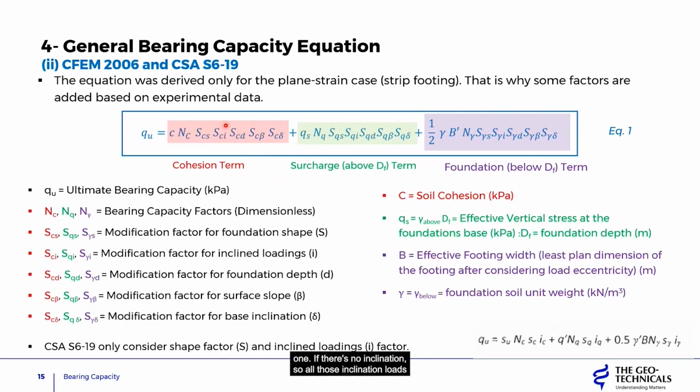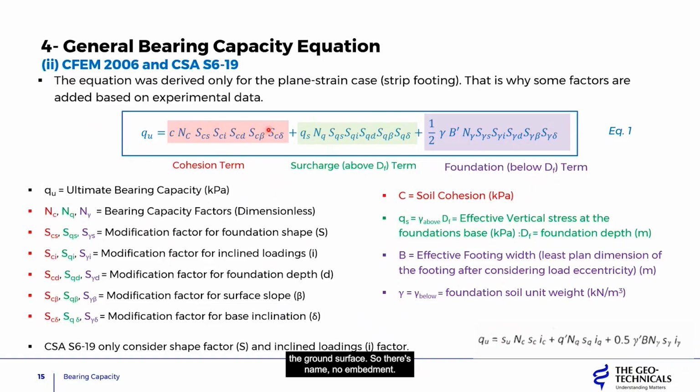If there's no inclination, all of the inclination factors will be 1. If there's no depth factor, all of the depth factors are going to equal 1. So basically no depth factor means there's no foundation depth, so basically the soil is not above the foundation level. The footing is at the ground surface, so there's no embedment.